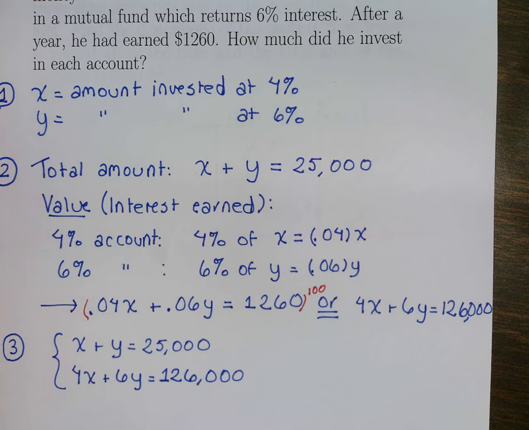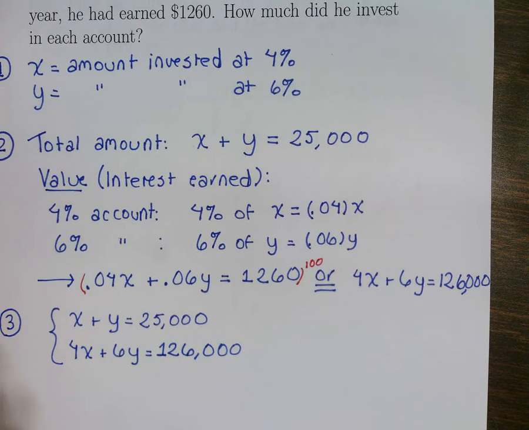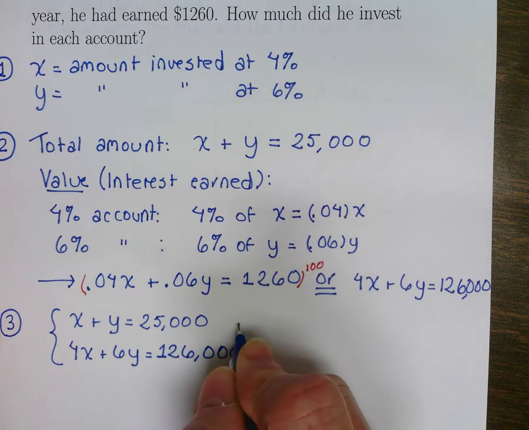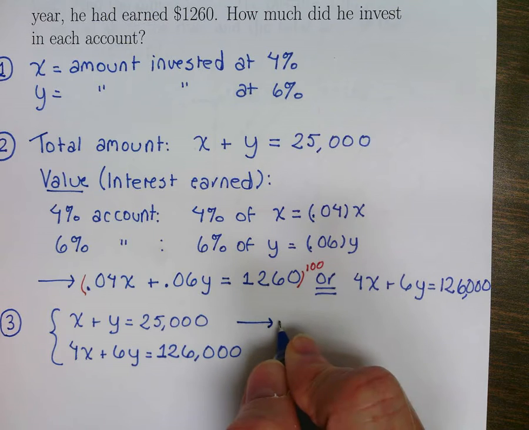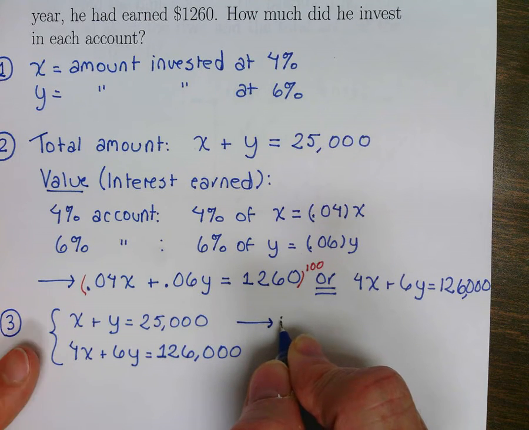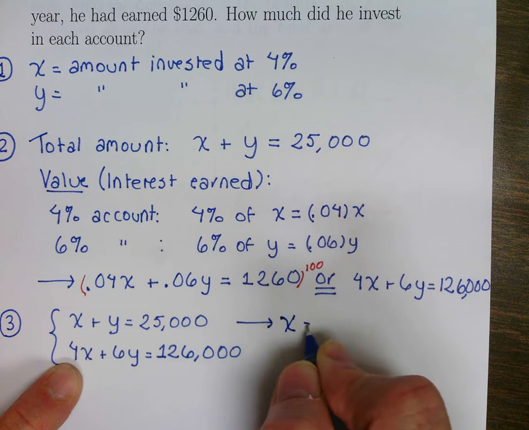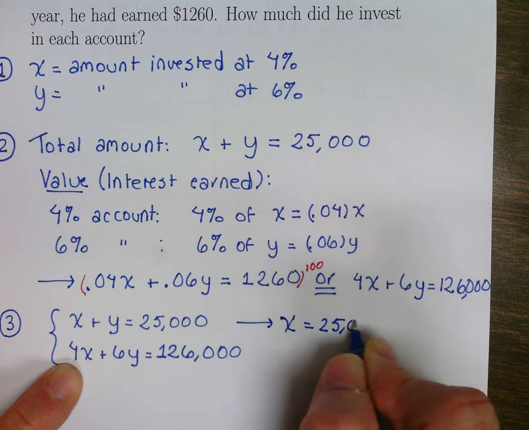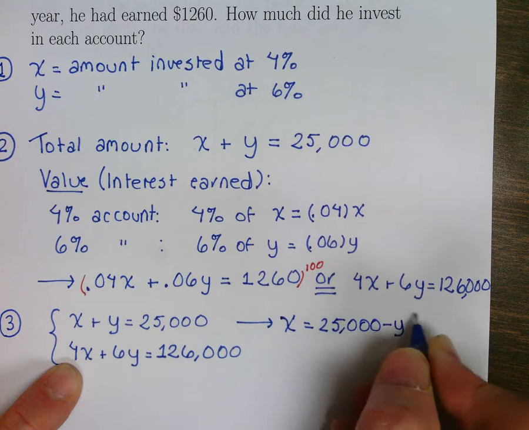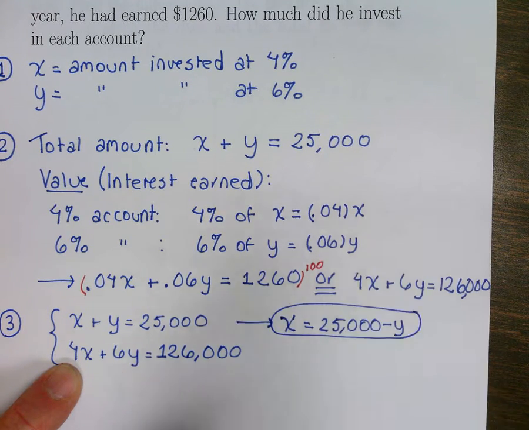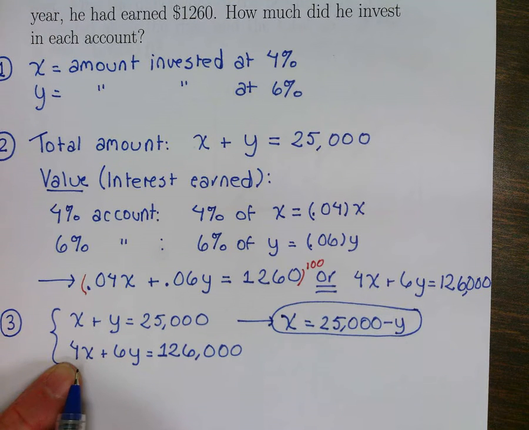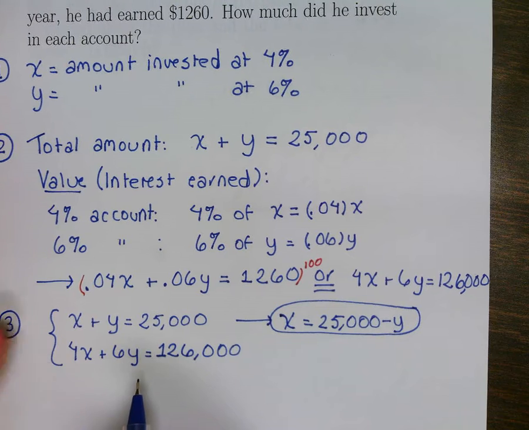All right, and so how will I solve that? Let's use substitution. How about if we say y, no, let's make x, because then we'll just be multiplying by 4. That'll be easier. Let's make x equal 25,000 minus y. And I'm doing that strictly on the fact that I know I'm going to have to multiply by 4, and so that's easier than multiplying by 6.